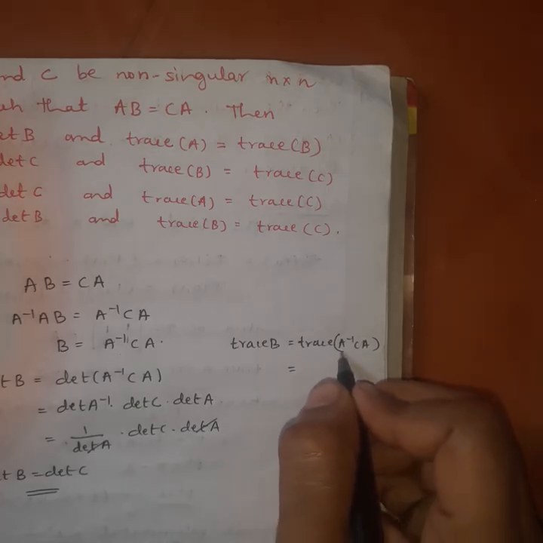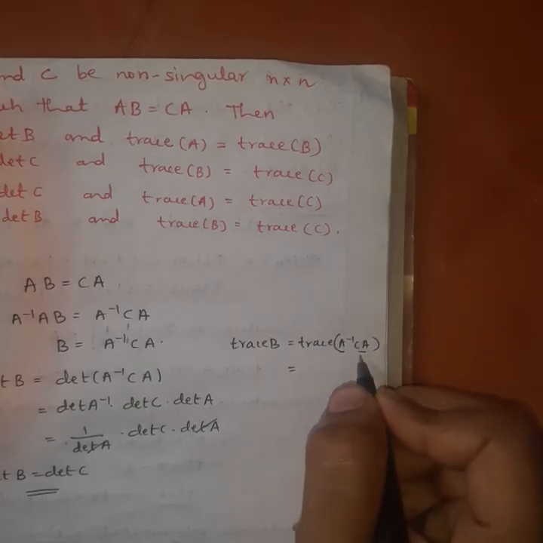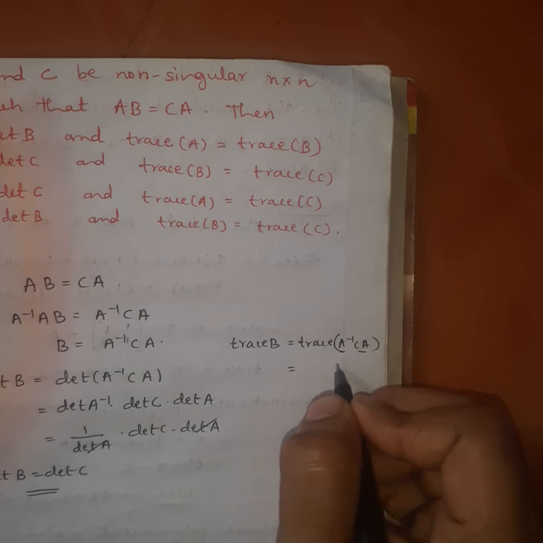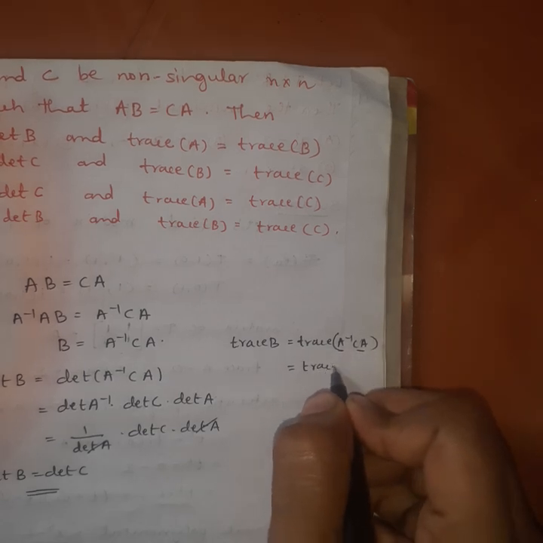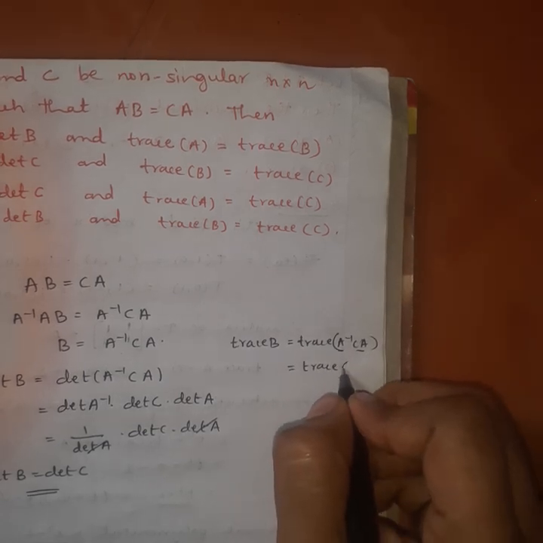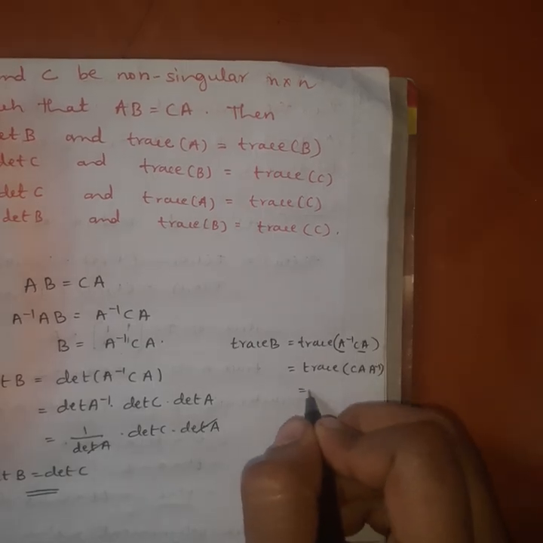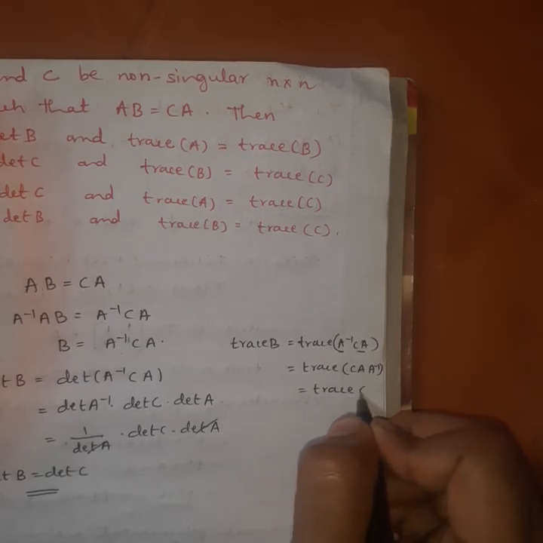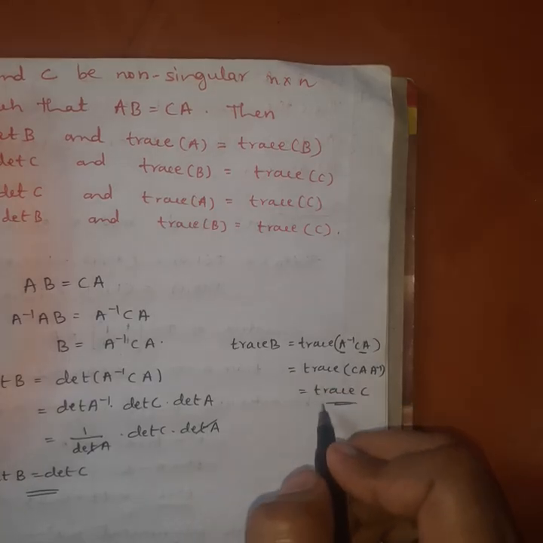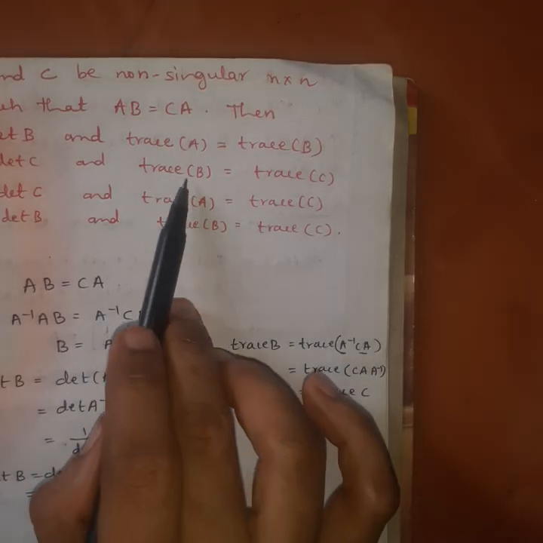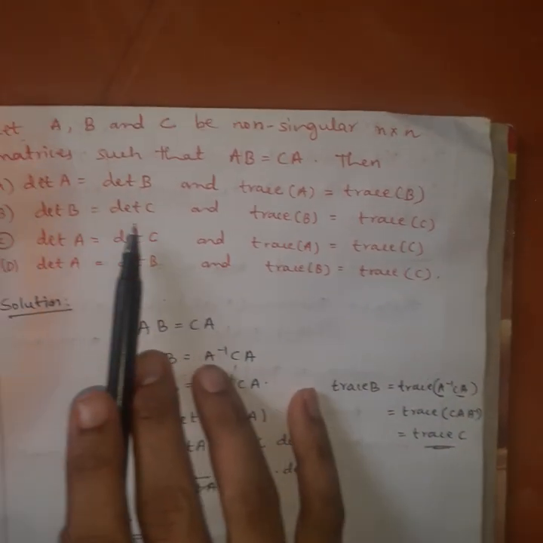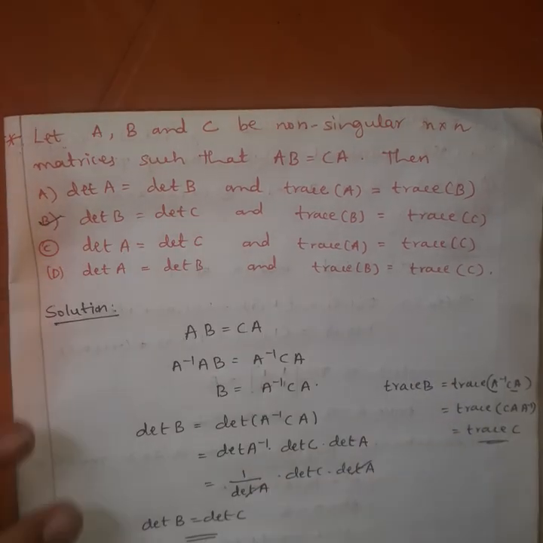So if I take this as A and this as B, trace of AB is trace of BA. So this will be trace of CA A inverse, so this is trace of C. So trace of B equal to trace of C. So option B is the correct one.